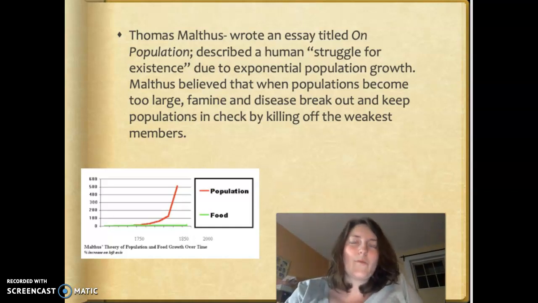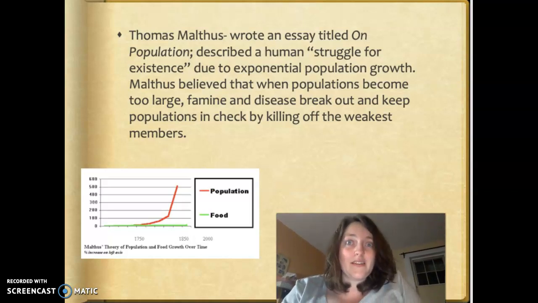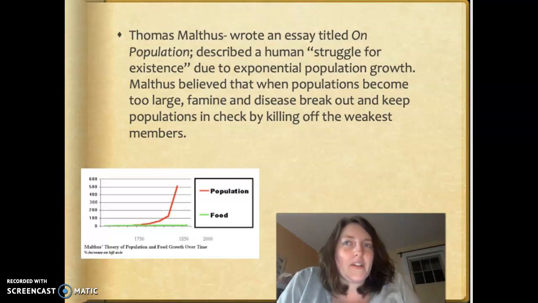Famine, disease, and war will break out in that population and keep the population in check by killing off the weakest members. It's competition at its greatest. These were all things that fueled the theory of natural selection. Certain organisms with certain traits will survive better and have children.